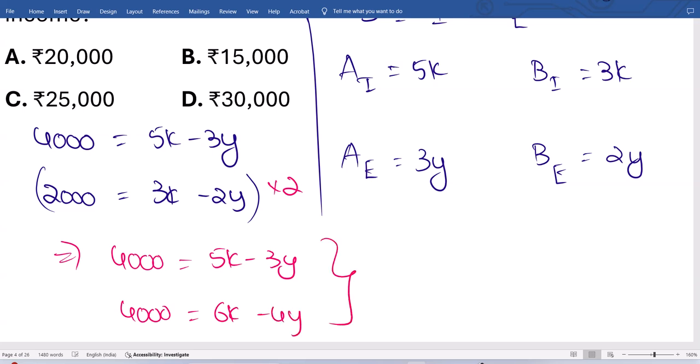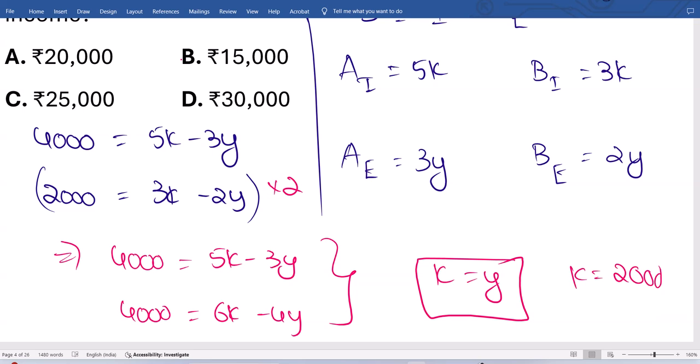Subtracting, the 4000 cancels out and 6K minus 5K is K, so K equals Y. If you put K equal to Y, then 2K equals 4000, K equals 2000, and A income is 10,000. Actually, the options are wrong here. A income is 10,000.